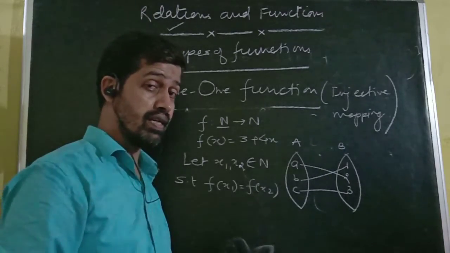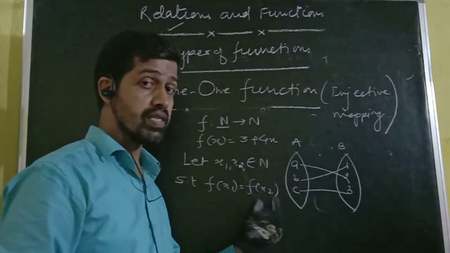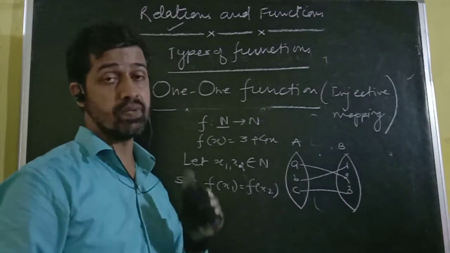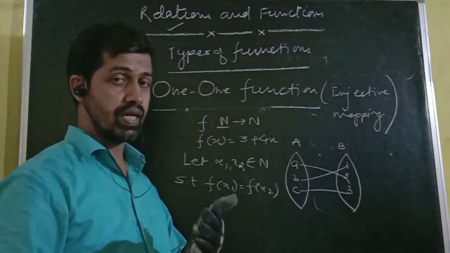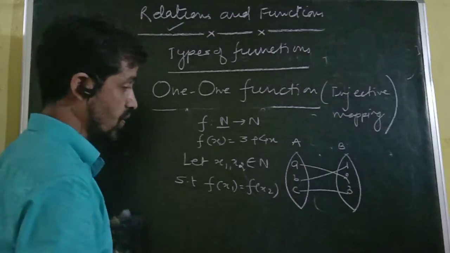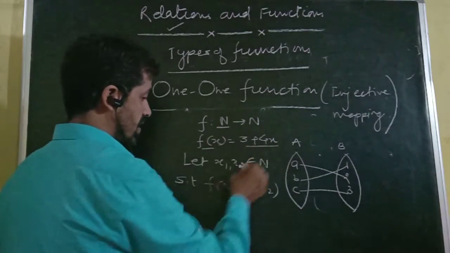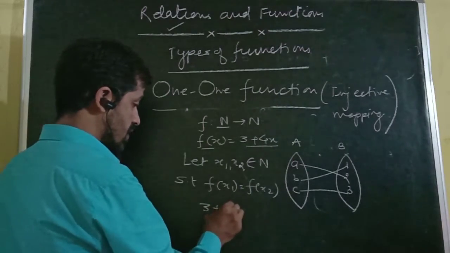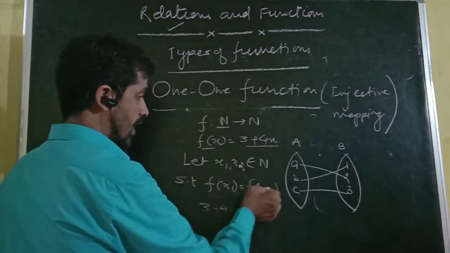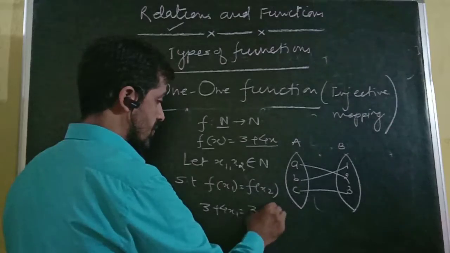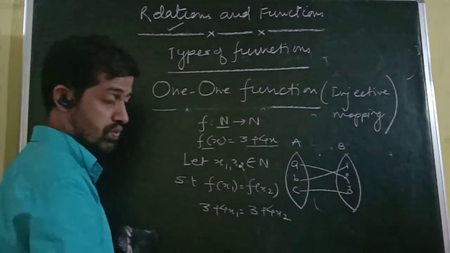Now, what I said earlier, if the images are the same, then the elements should also be the same. That is the requirement of a one-one function or injective mapping. f of x1 from the function equals 3 plus 4x1, and f of x2 will be 3 plus 4x2.